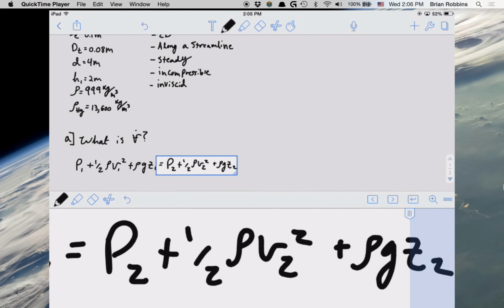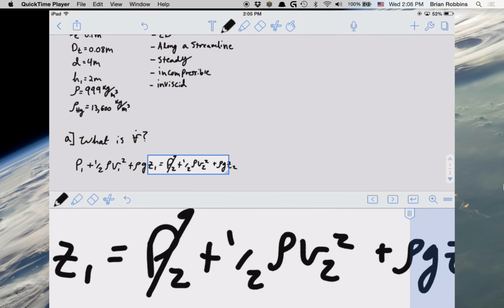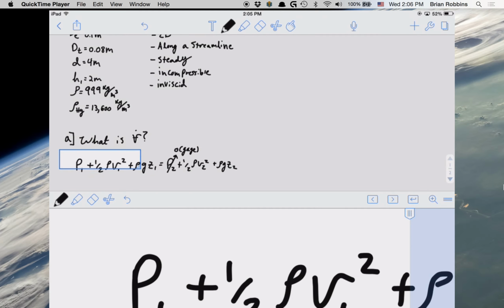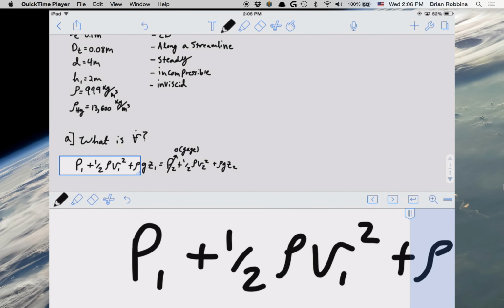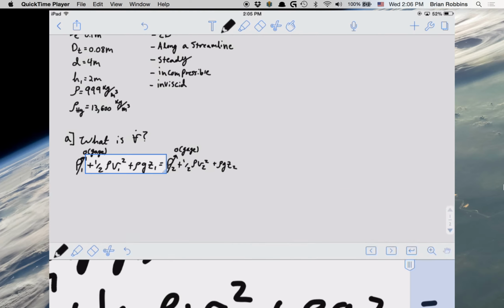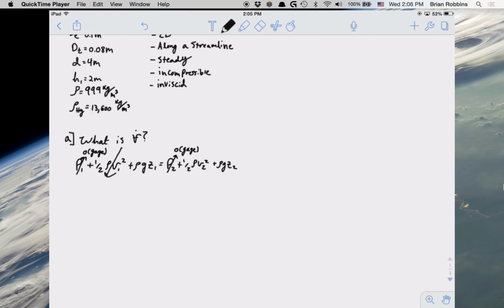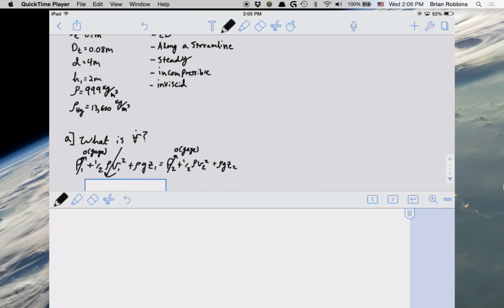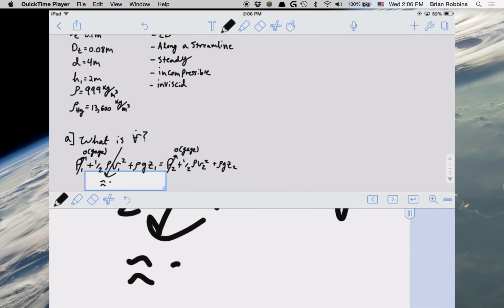So as I said before, since we're open to atmospheric conditions, both P1 and P2 are 0 in gauge pressure. Also, we can go ahead and assume that V1 is about equal to 0 because we're assuming that we have an incredibly large reservoir of water. So this is about equal to 0.